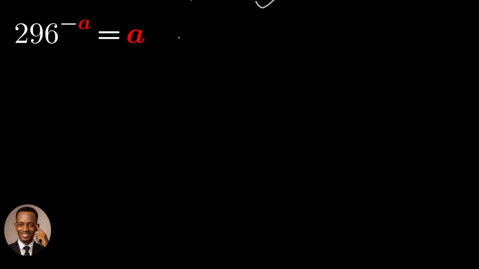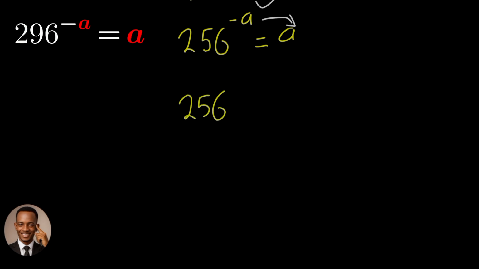So for the second method, we are going to be using the more standard logarithm. To use the logarithm, let us also bring this to the other side. So we have 256 equals a to the power of 1 over minus a.